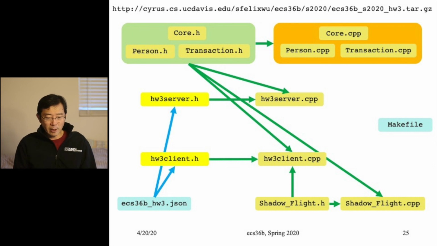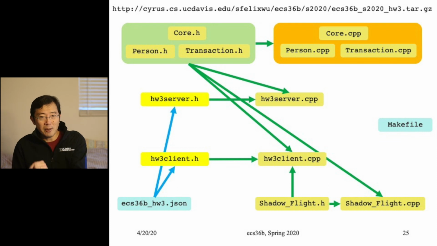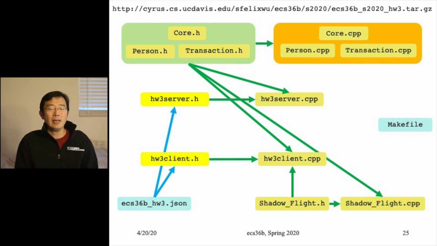Similarly with HW3 client.cpp, you also need a bunch of .h files. You can see the green line is always directing from one .h file to the .cpp file. There's nothing from a CPP file to another CPP file. It's always depending on the .h file. That's the compiler dependency relationship.